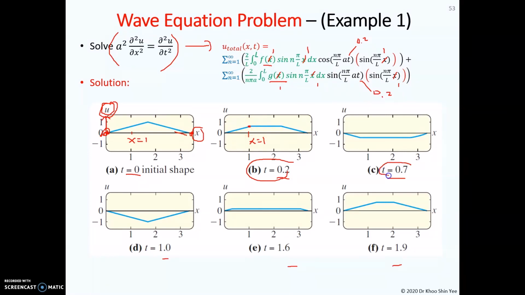You can continue to substitute t equal to 0.7 inside here, and after you compute this series, you obtain at x equal to 1 the vibration is around negative 0.3 here. You can continue to substitute various times into this equation, and you should get the corresponding vibration at point x equal to 1.